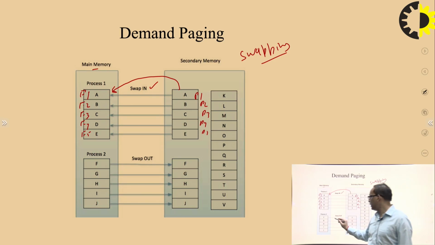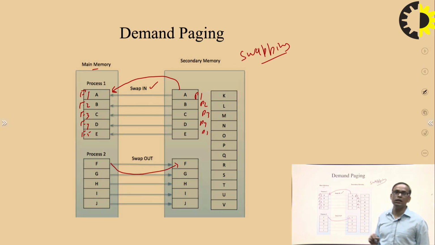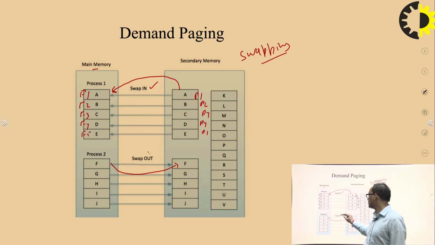When a page is removed from main memory and sent to secondary memory, this operation is known as swap out. The combination of swap in and swap out is known as swapping.